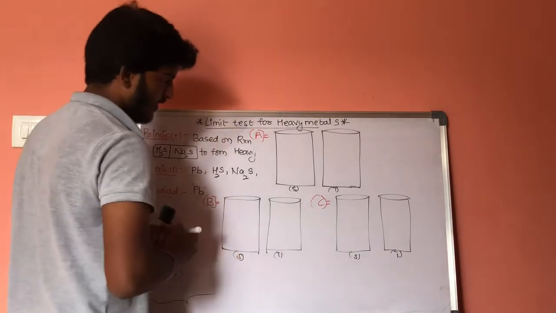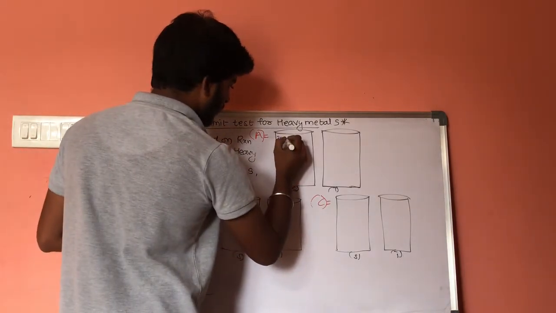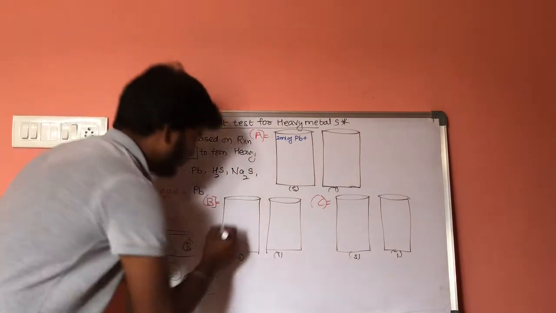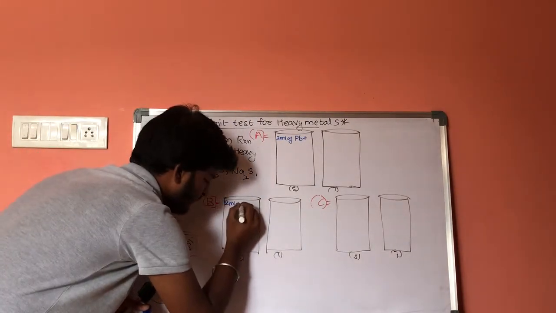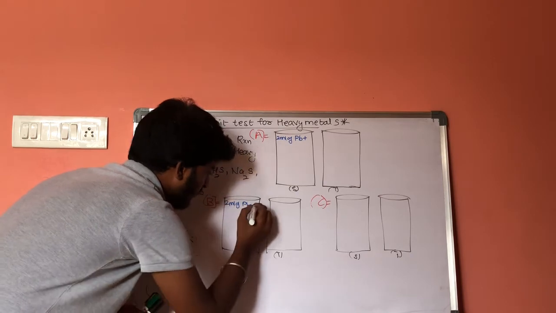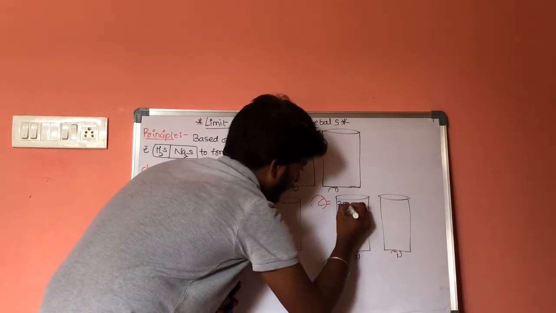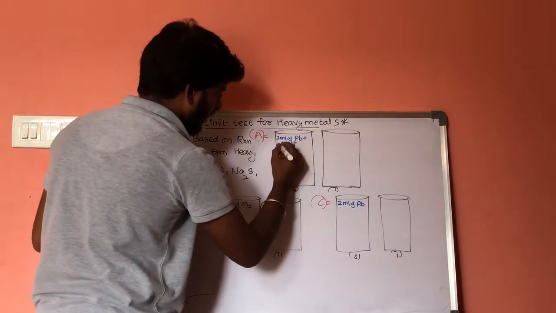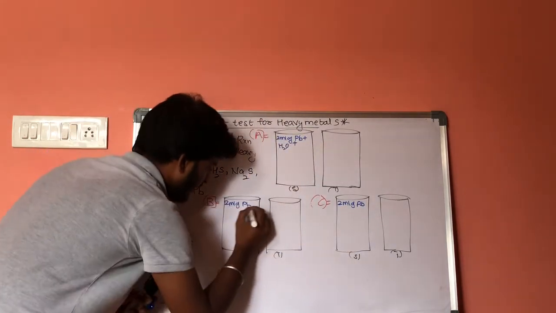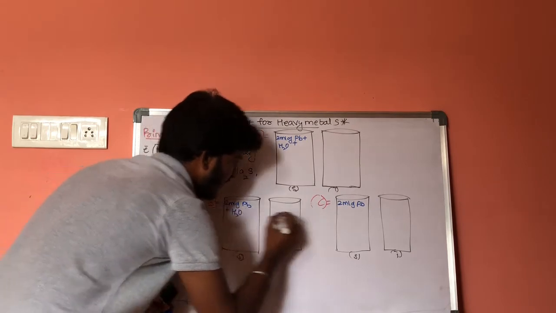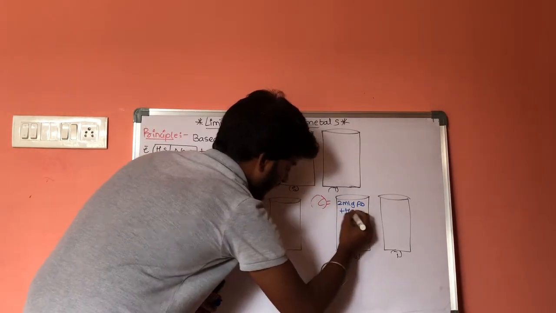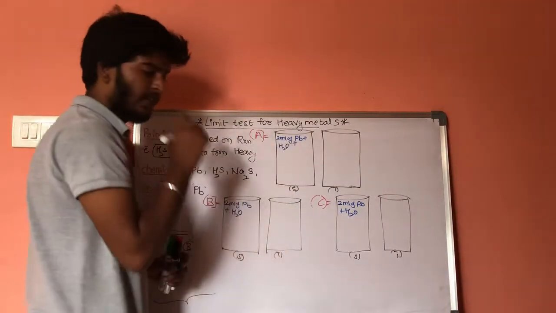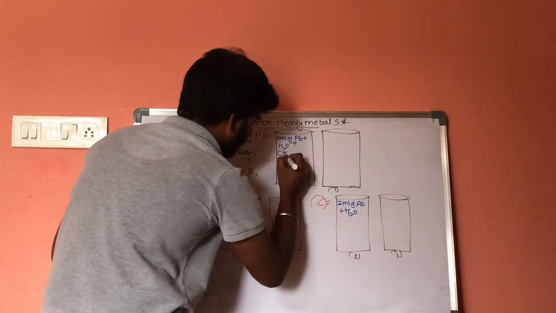First, let us consider 2 ml of lead solution and 2 ml of lead solution, plus water will be added. Now, after adding water, acetic acid will be added.